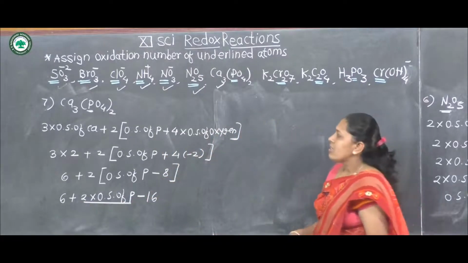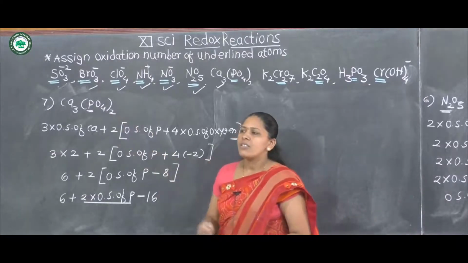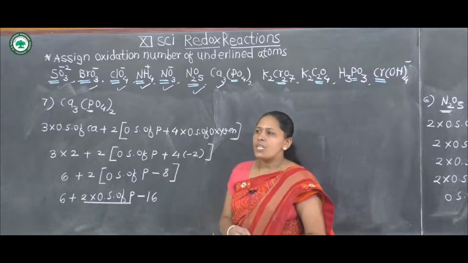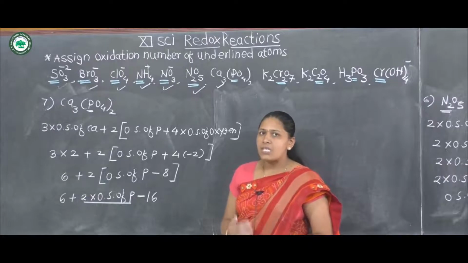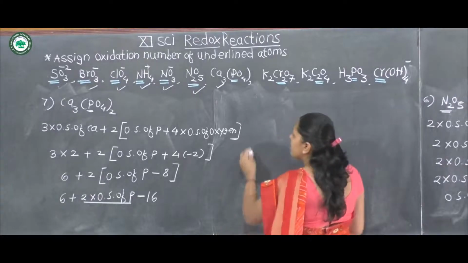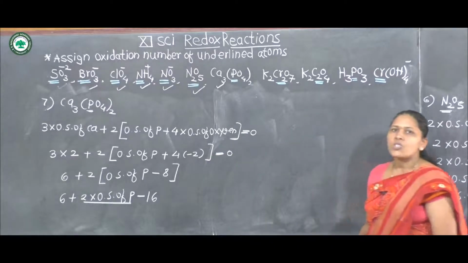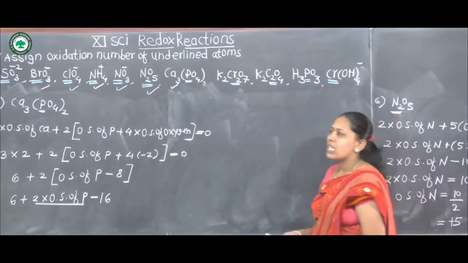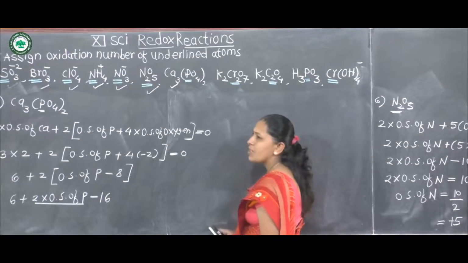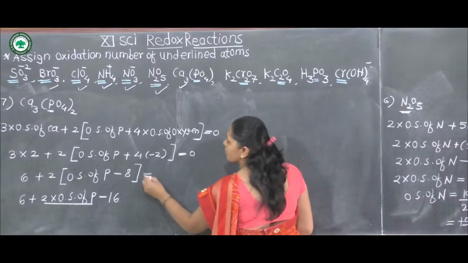Here it is not a polyatomic ionic species, it is a neutral molecule, therefore it is equal to 0. The algebraic sum of oxidation states of all atoms in a neutral molecule is equal to 0.